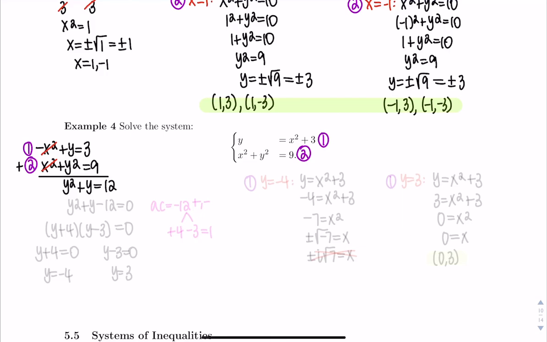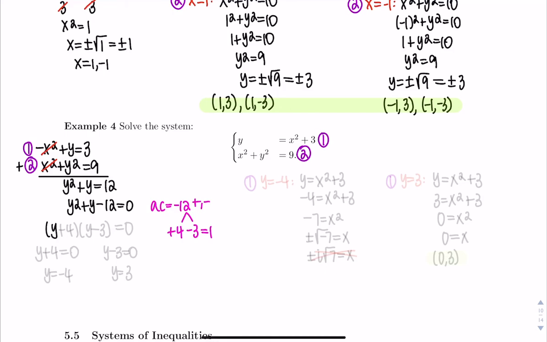And so we're just going to solve this quadratic equation, which means let's set it equal to 0. So y squared plus y minus 12 equals 0. AC is negative 12, so we're going to have 1 positive, 1 minus, and we will have a positive 4 and a negative 3 to get that 1.